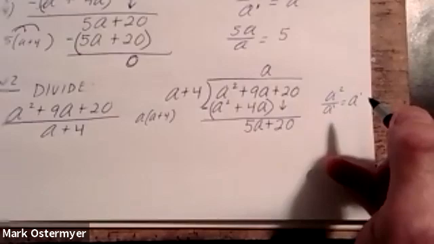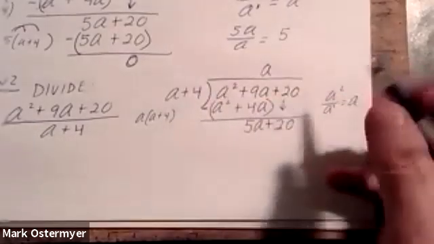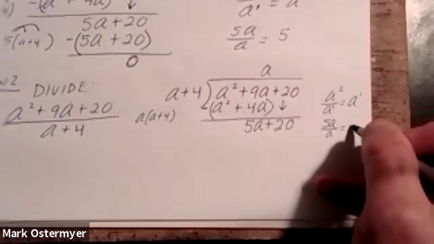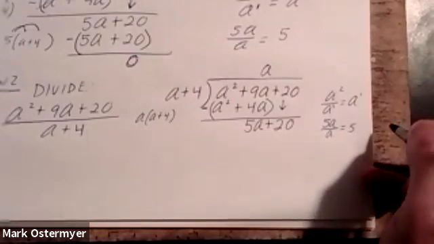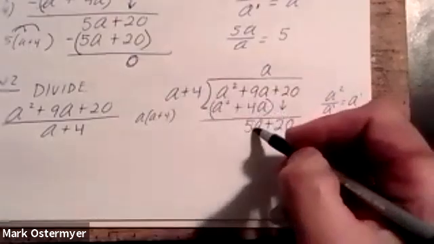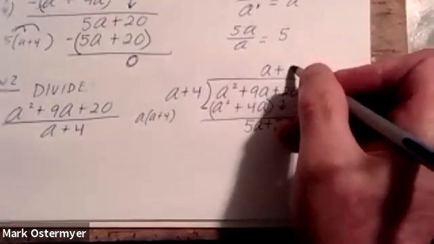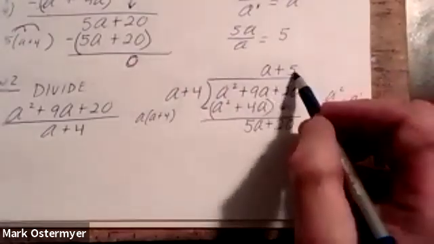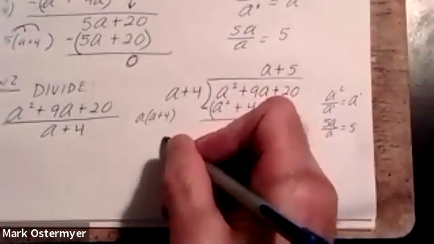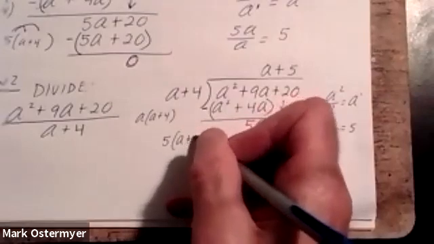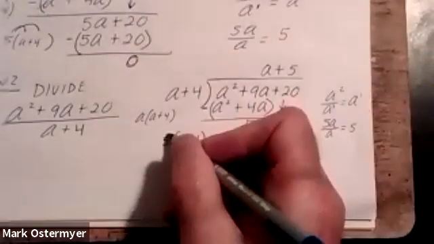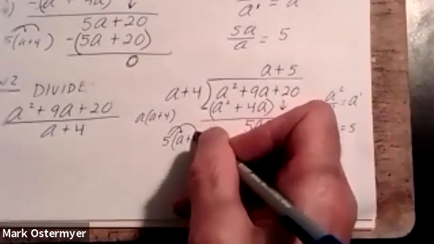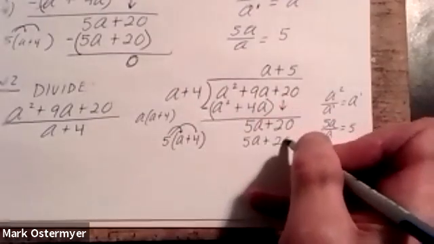Round 2 of division. A divides into 5a how many times? 5a divided by a is 5. So a divides into 5a 5 times, plus 5 is the next term in your quotient up here. 5 now gets multiplied by the divisor, 5 times a plus 4. 5 times a, 5a. 5 times 4, plus 20.